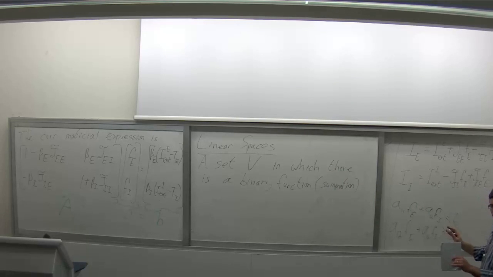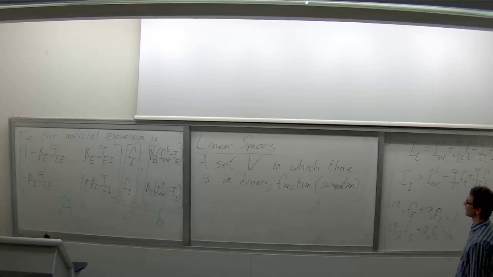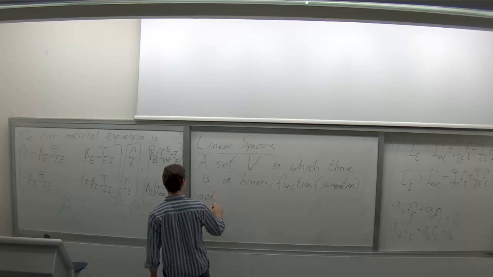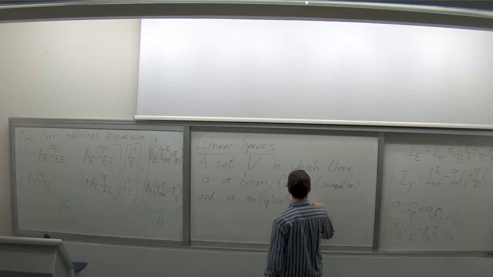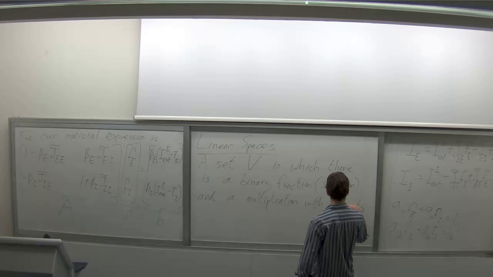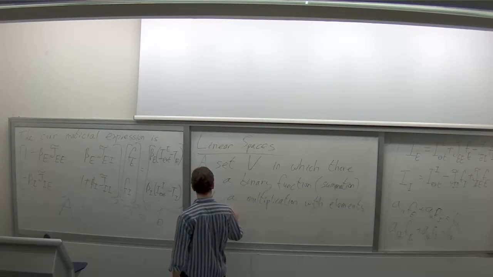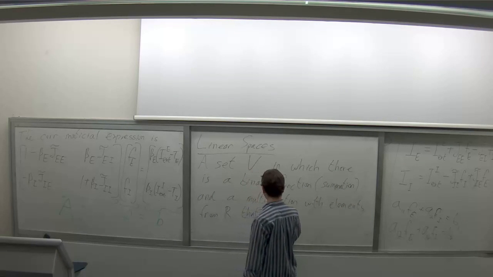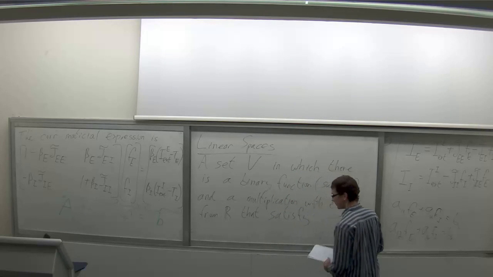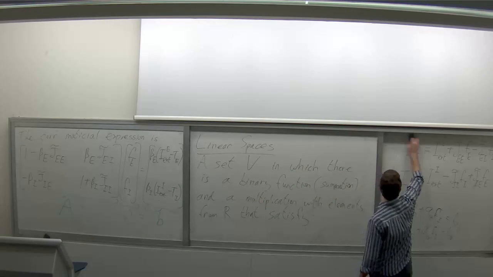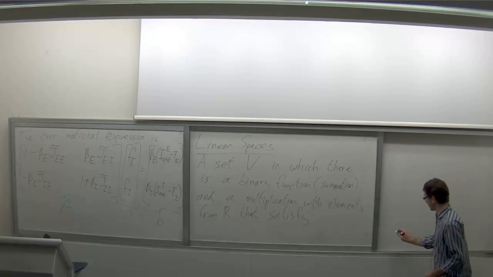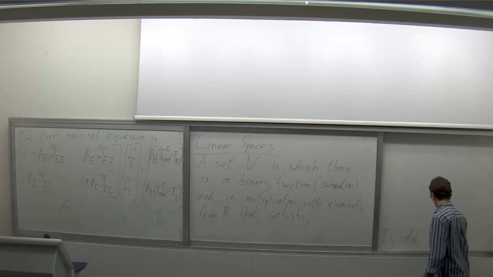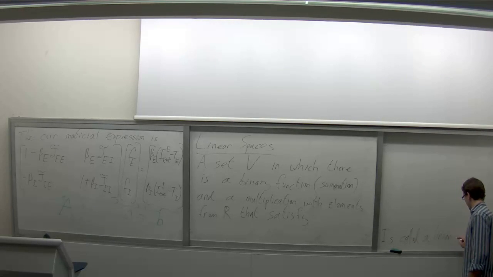A set V in which there is, so a lot of things I'm going to write down and then I'm going to explain, a binary function and a multiplication with elements from R that satisfy, now leave about 10 lines, is called a linear space over R.